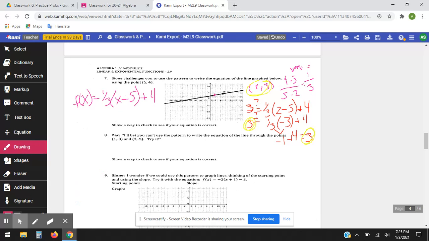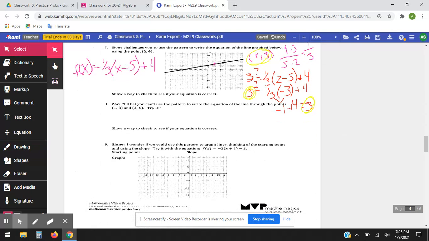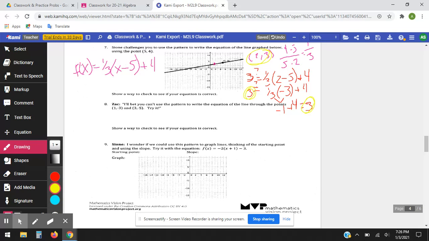Okay, Zach, I bet you can't use the pattern to write an equation of the line through the points negative 1, 1 and 3, negative 5. Well, let's do what we've been doing. Let's go ahead and find our slope first.